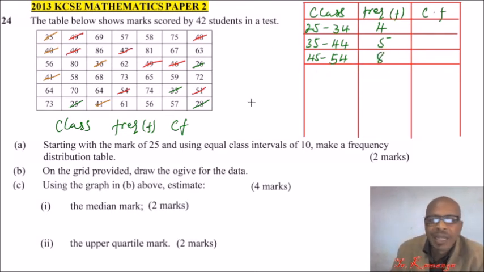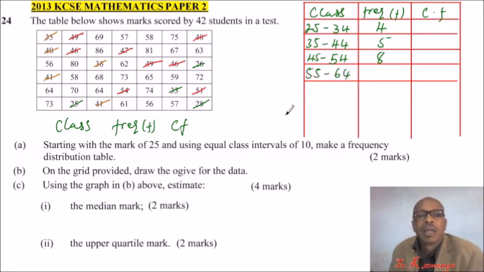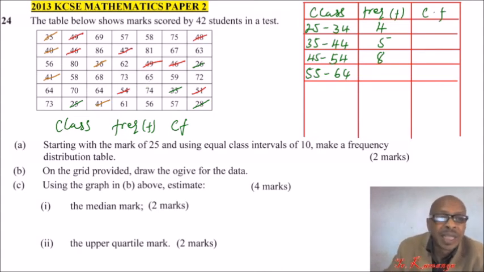We put another row here, which is 55 to 64. So we get those values that are in between 55 and 64.